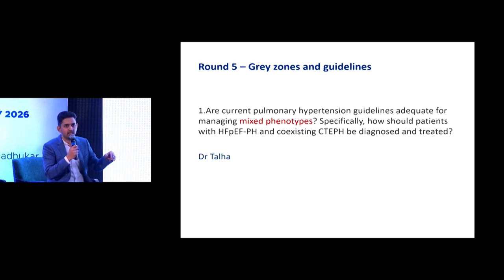If we do a right heart catheterization and we are suspecting HFpEF related pH, and we find that the PA pressures are only mildly elevated in the presence of a wedge pressure in the high normal range, 12 to 15, in those cases we do a fluid challenge. The recommendation would be to do at least 250 to 500 ml crystalloid.